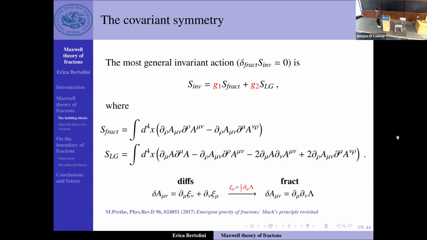I'm concerned about the trace mode, which we can throw away. The scalar you can deal with separately. The transverse modes are the longitudinal modes of this. Why are they behaving correctly from a Hamiltonian point of view?